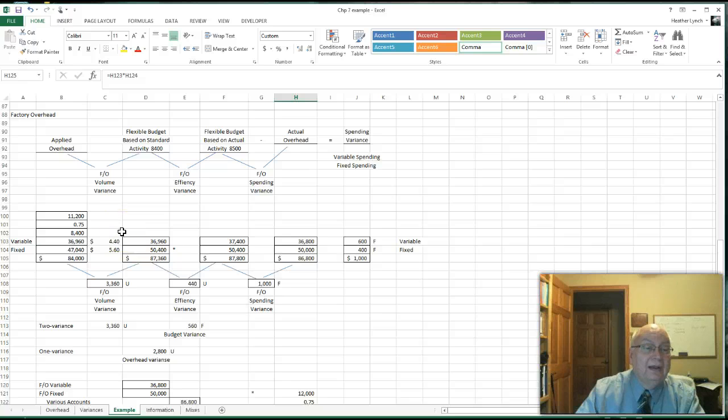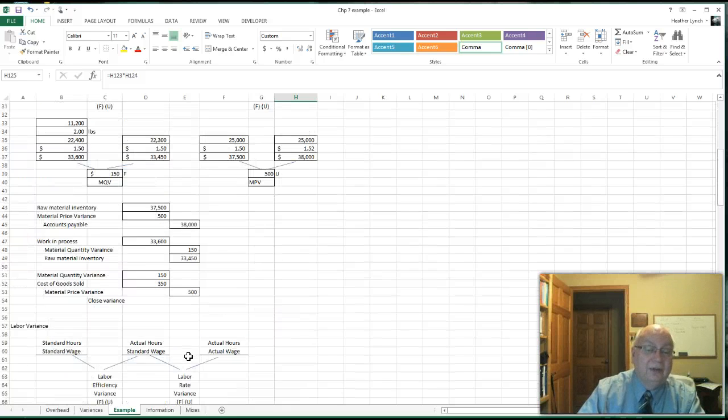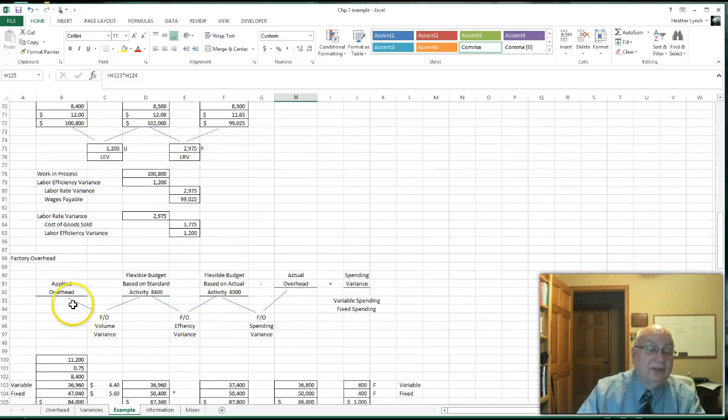Okay, and that's based on this example up here. And if you want to go through it again, there it is. And I'll be more than happy to review this, go over and over it again, because overhead is the one that really causes the problems. Okay, remember, this is applied overhead. This is your budget based on standard activities.